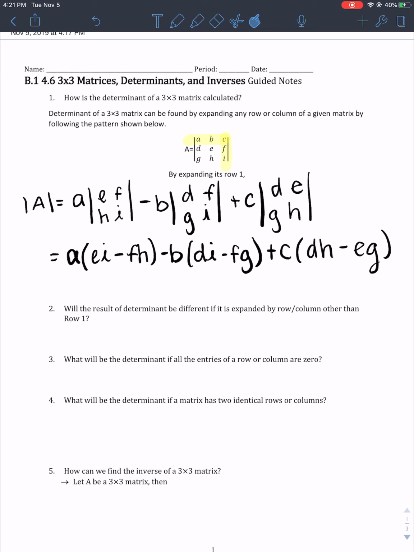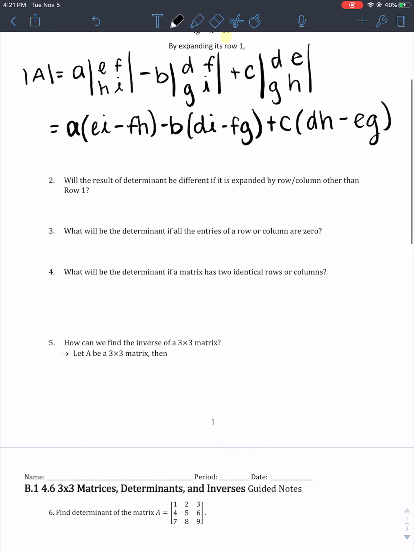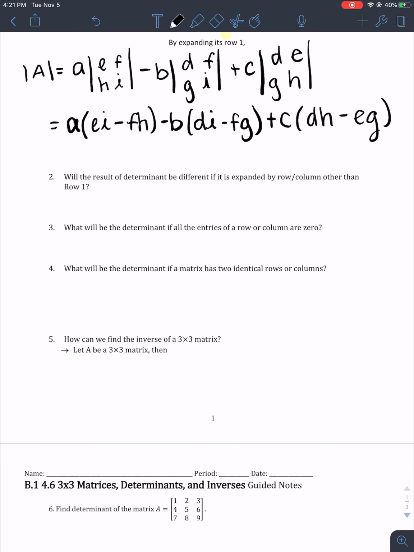Now, if we want to find the determinant of a 3x3 matrix, will the result be different if it's expanded by a row or column other than row 1? We did row 1 above, that's why it's asking.